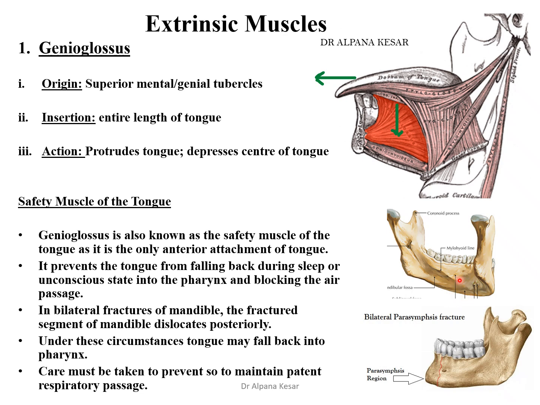If the anterior segment of the mandible dislocates backwards, it will carry the attachment of genioglossus along with it, and the tongue will fall back into the pharynx, blocking the air passage.